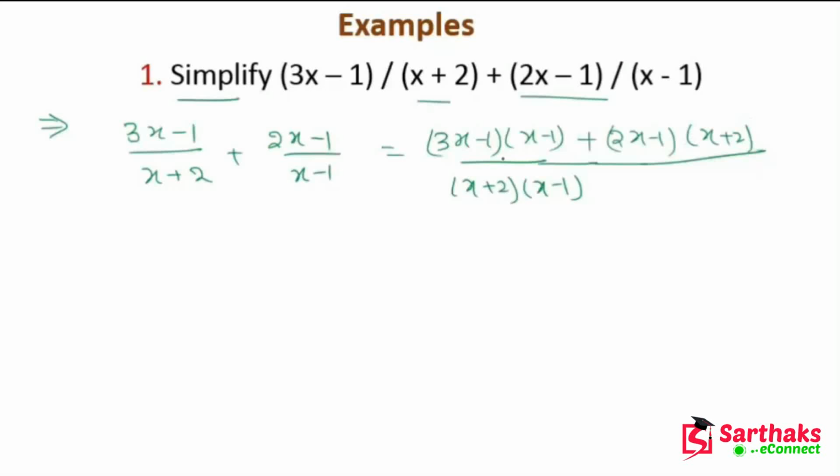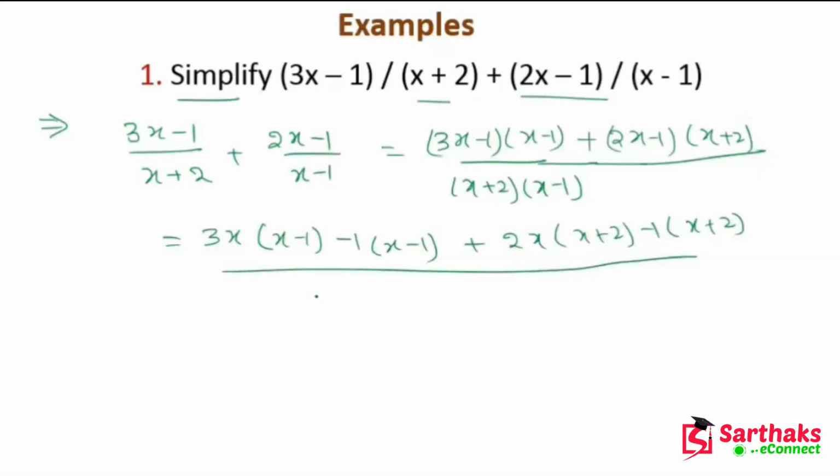My dear friends, now we have to solve this expression. We multiply (3x minus 1) by (x minus 1), plus (2x minus 1) multiplied by (x plus 2), and in the denominator we have x into (x minus 1) plus 2 into (x minus 1).